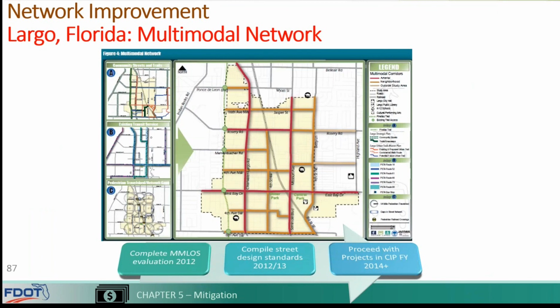Largo, Florida, basically set up a multimodal level of service system as part of their mobility improvement plan.